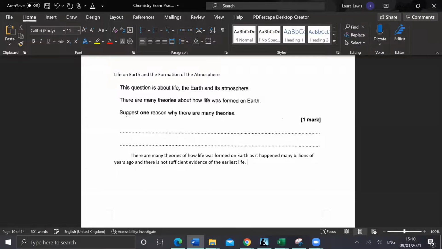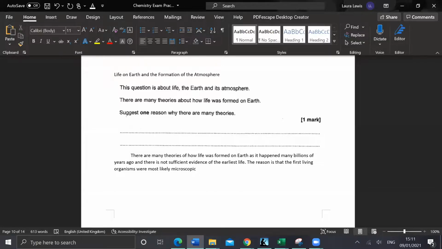Okay, so I'm going to add a little bit to this. You get 1 mark for that, but because we're talking about exams and exam technique, we're going to think about why this might be. The reason is, because I don't like just writing something with no reason for it, that the first living organisms were most likely microscopic.